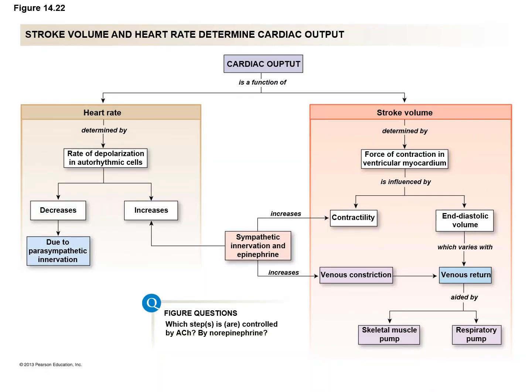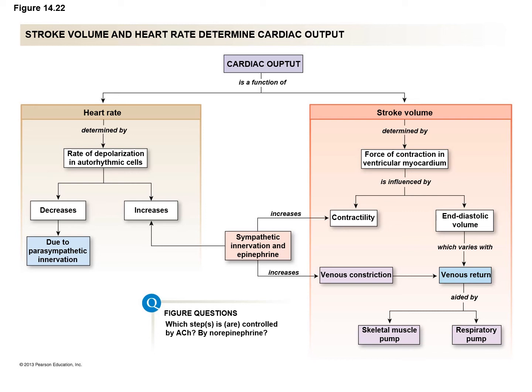So now let's circle back a little bit and look at everything that we've covered and all the variables that affect cardiac output. Remember, cardiac output is calculated as stroke volume multiplied by heart rate. And remember that stroke volume is end diastolic volume minus end systolic volume. So cardiac output is a function of heart rate and stroke volume.